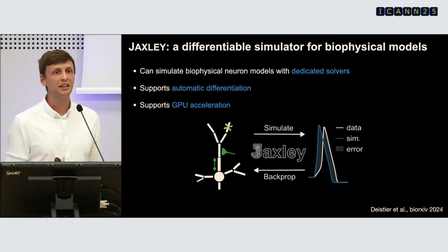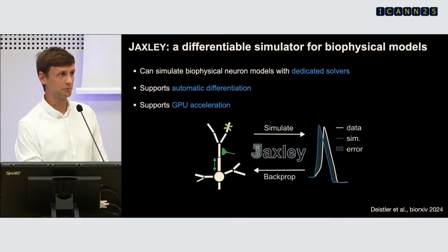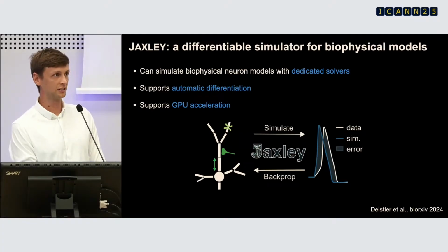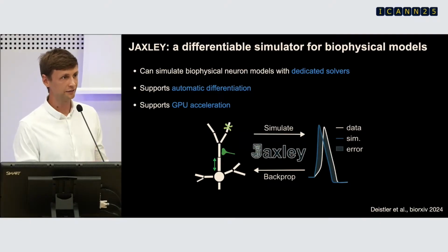And for those of you familiar with it, you can think of JAXLEY like a clone of the NEURON simulator, but fully written in JAX. Thereby, JAXLEY allows to do exactly what other simulators for biophysical modeling allow to do, namely to insert ion channels and to model the exact voltage in different neurons at full biophysical detail and at the single branch level.